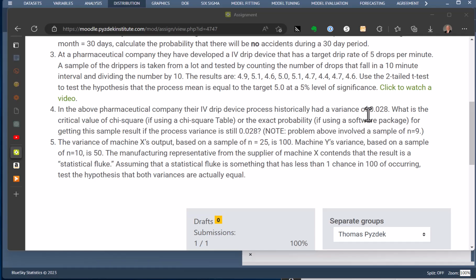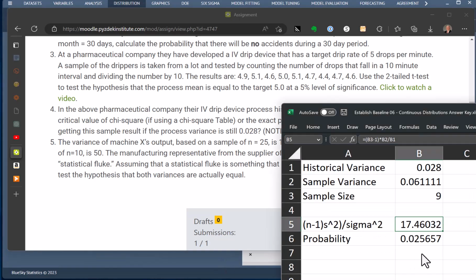In other words, if the process variance is 0.028, what is the probability of the sample variance actually occurring? So we can solve that problem by, first of all, calculating our sample variance. And when we do the calculation, we can do it in BlueSky or Excel.